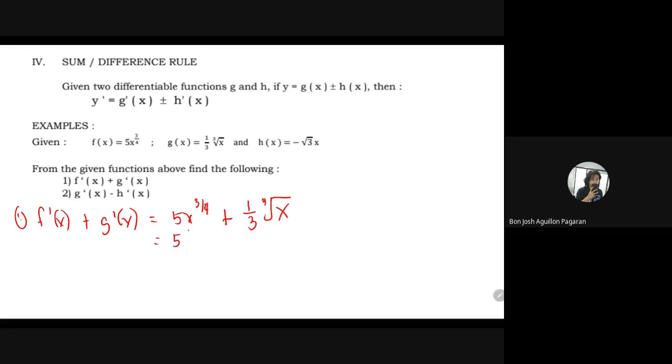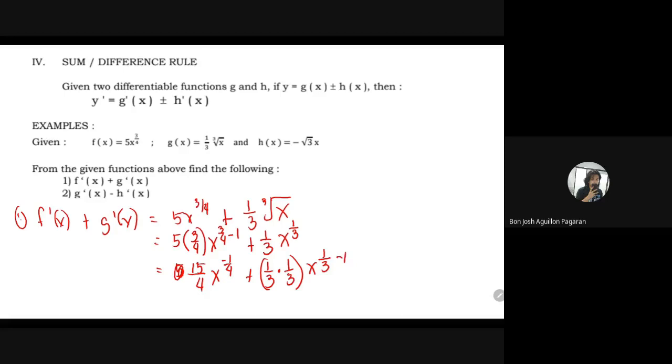So we have now 5 multiplied by 3/4 x, and then 3 over 4 minusan natin siya ng 1. Plus 1/3, i-convert muna natin into exponential, gawin natin siya x to the 1/3. So this will be equal to 15 over 4x. 3/4 minus 1 is negative 1/4. Plus 1/3 times 1/3 x to the 1/3 minus 1.